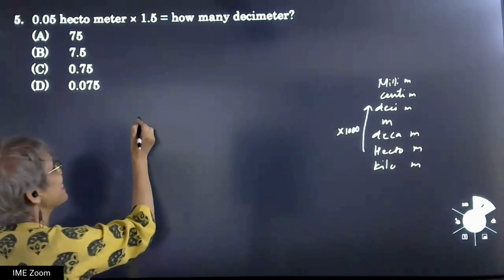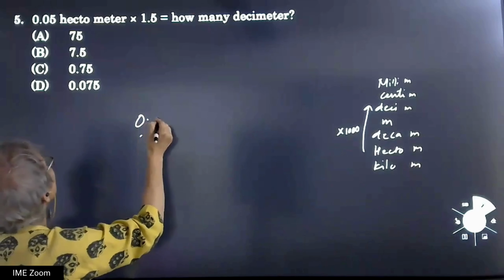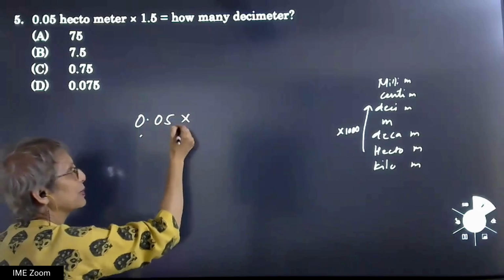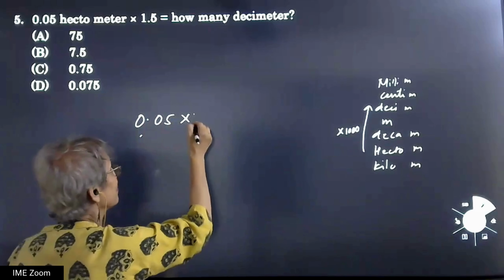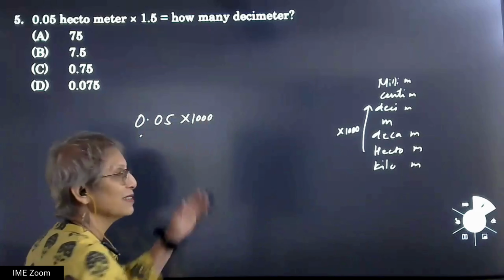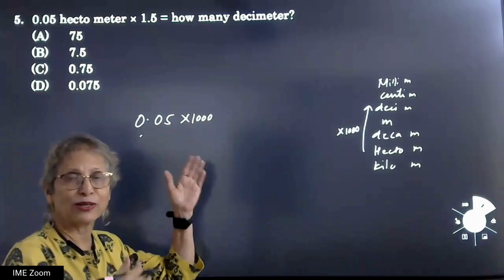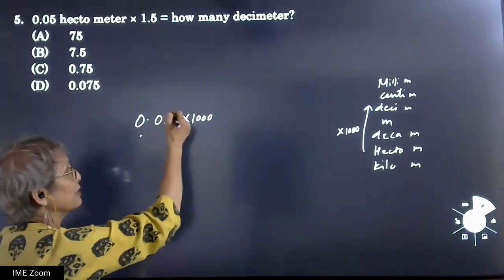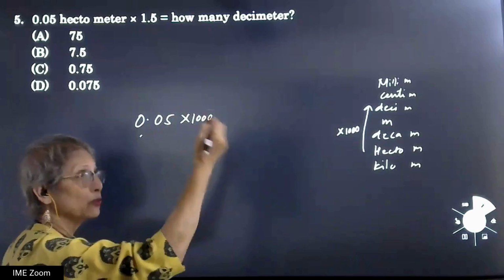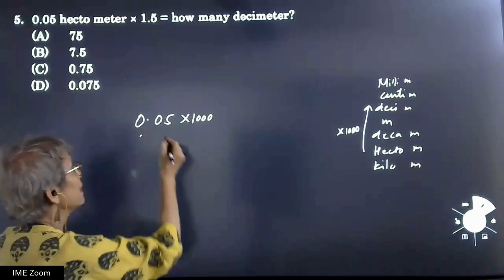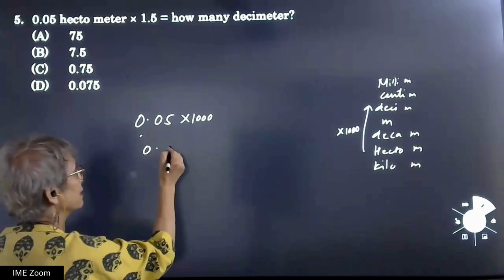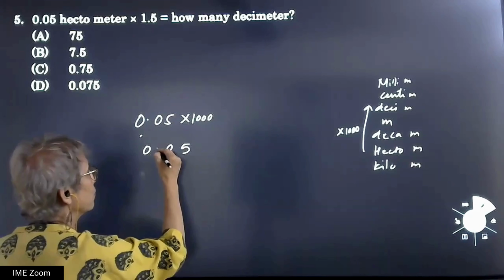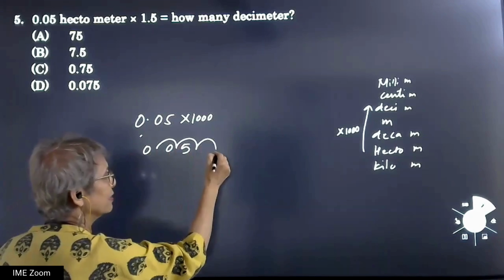So 0.05 multiplied by 1000. Now again use our properties or method of decimal fractions. 3 zeros, so shift the decimal point towards right, 3 places. So from here 0.05, 1 place, second, third.